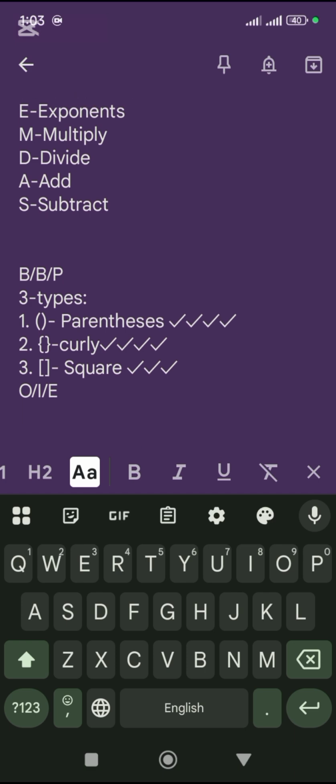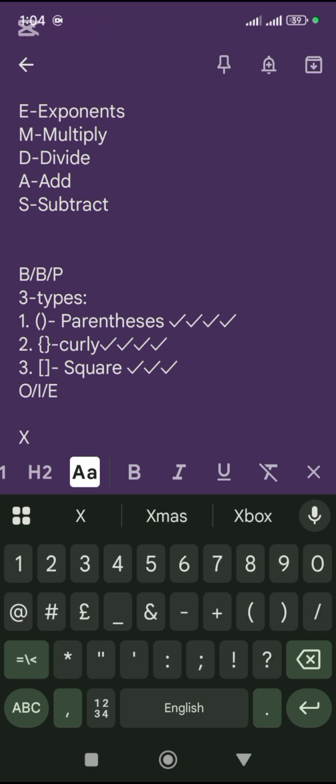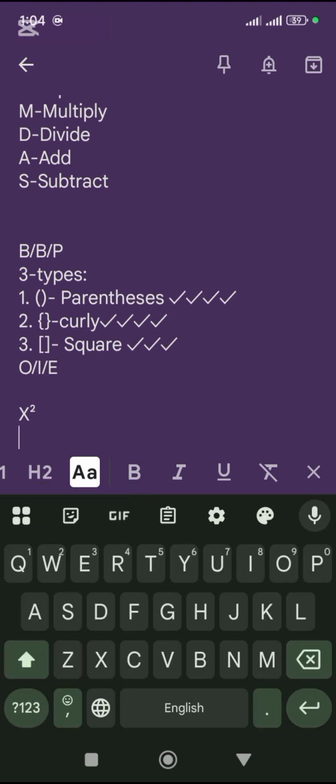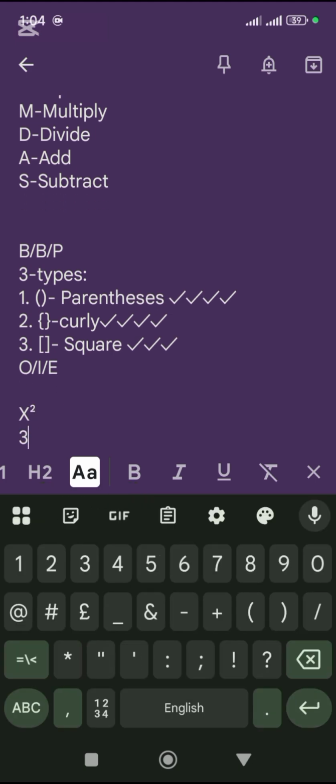What we need to do is that anytime we have questions containing powers, questions that have to do with of, order, exponent, powers, just like I've been stating, you have x raised to the power of 2, maybe 2 or 3 raised to the power of 2, or even raised to the power of 3, and so on and so forth. A bracket raised to the power of something, all of them, you will solve them first, or next after solving the operations in the bracket.